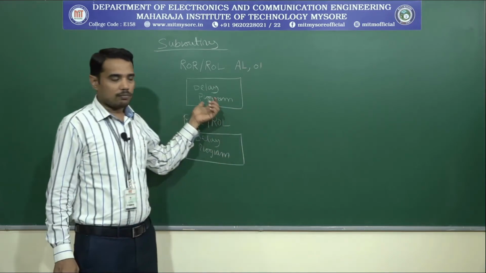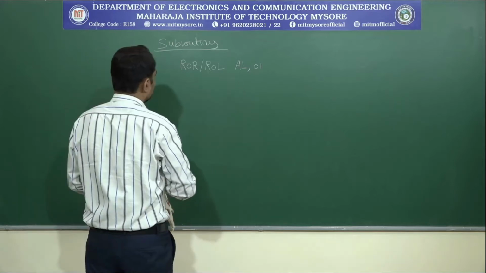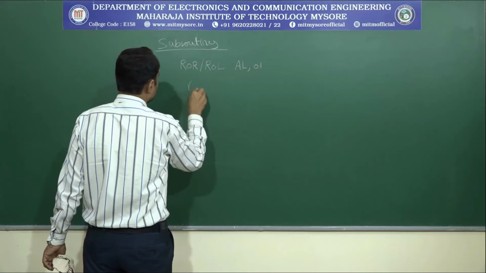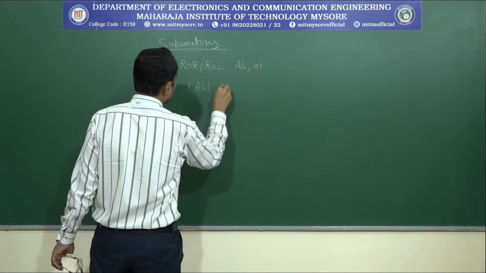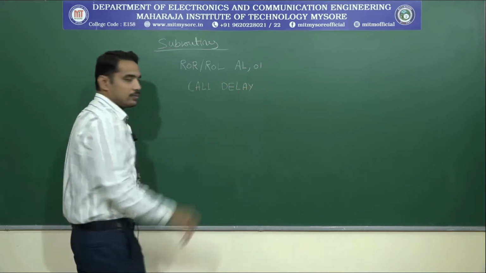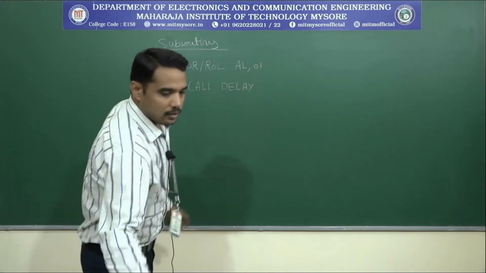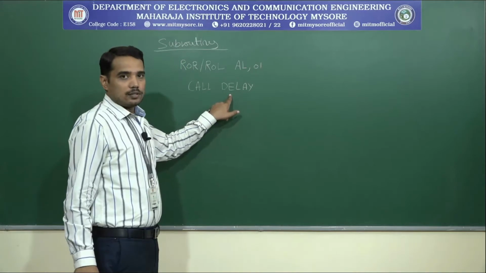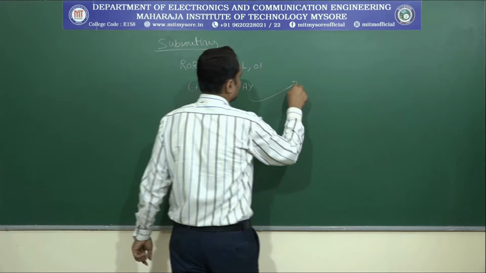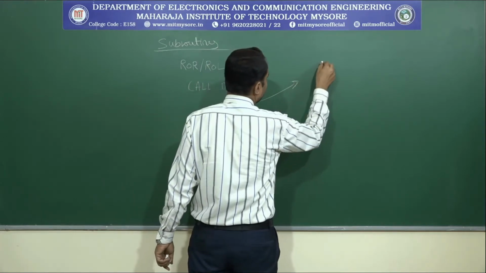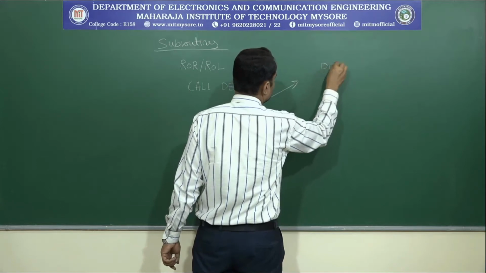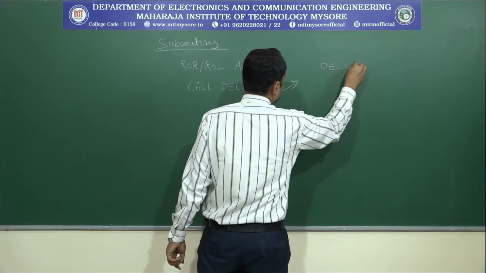For this purpose, we can modify the program. After rotating towards right or left, what are we supposed to do? We have to call the delay program. This call instruction will transfer the program flow to the delay procedure.